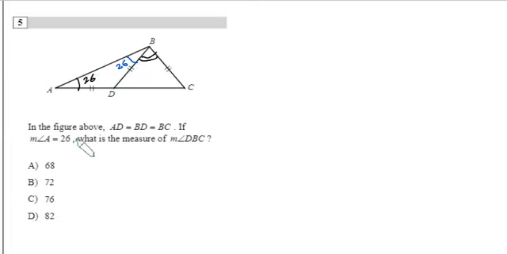Now you are also given this side, that is BD equals BC, which means this and this angle are also equal. We don't know the value, but whatever it is, both will be the same. Now how to figure that out?